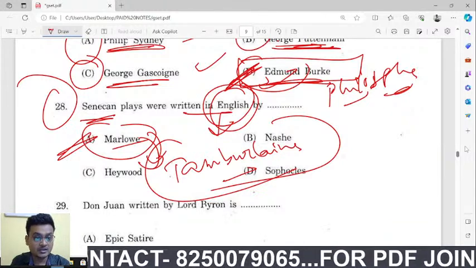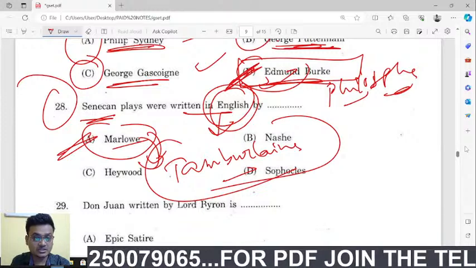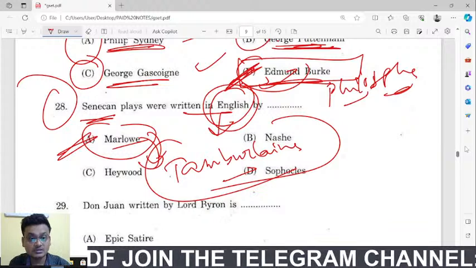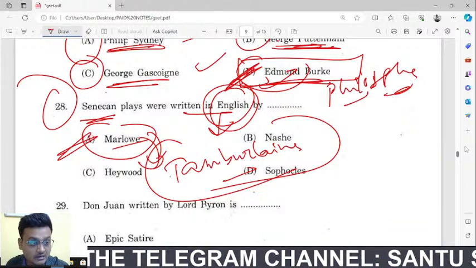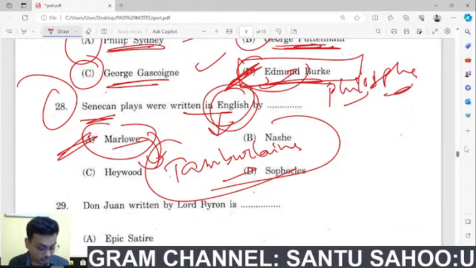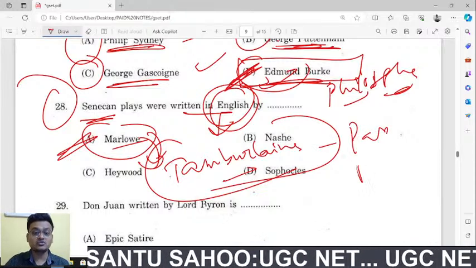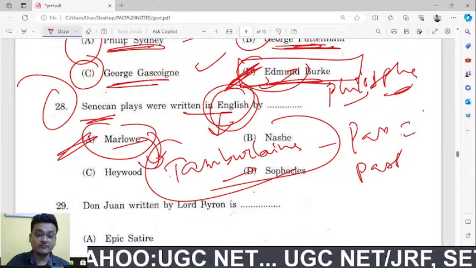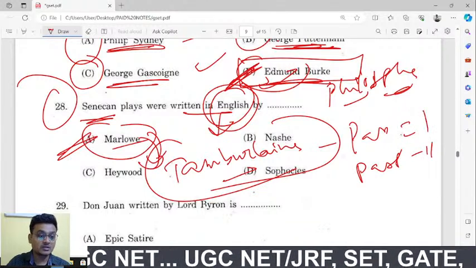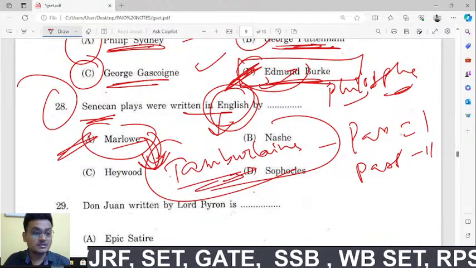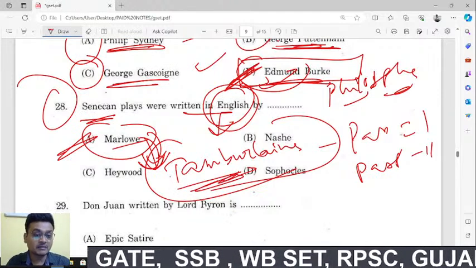Thomas Nash wrote The Unfortunate Traveller, or The Life of Jack Wilton, which is a picaresque novel. Marlowe's Tamburlaine has two parts, part 1 and part 2. Read the summary of both parts and you will find the Senecan elements in Tamburlaine 1 and 2.